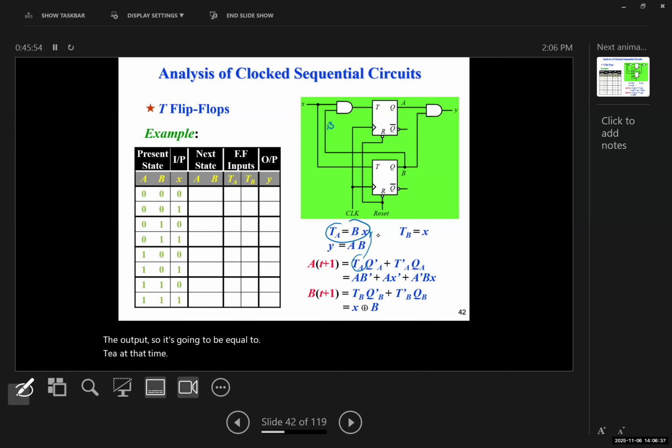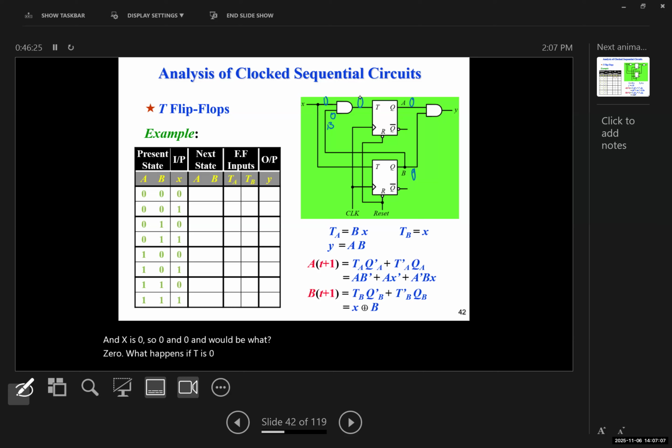Now, if we write down the table, if the present states A and B are 0, 0, and X is 0, what would the next states A and B be? So A is 0, B and 0. Now B is connected to this, so this would be 0, and X is 0. So 0 and 0 and would be what? 0. What happens if T is 0?